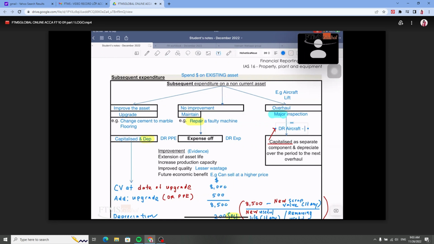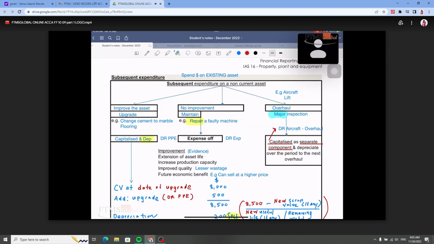Separate component means overhaul. Ultimately, it's still a PPE. You just capitalize as a separate component. Capitalize means debit PPE, then for the separate component, you just call it overhaul and depreciate over the period to the next overhaul. So what does that mean?